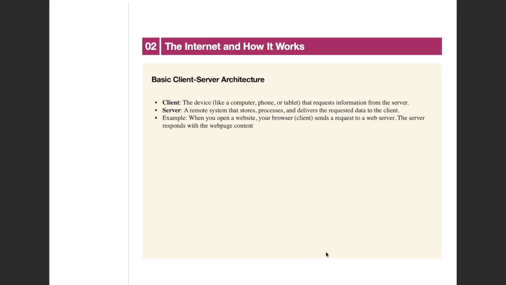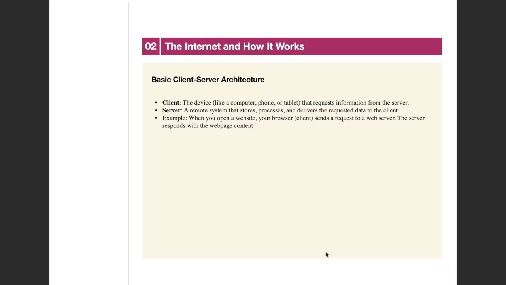The server is the provider. It's a powerful computer, usually sitting in a massive data center like AWS or Google Cloud, that stays awake 24/7 just waiting to serve you the data you requested.